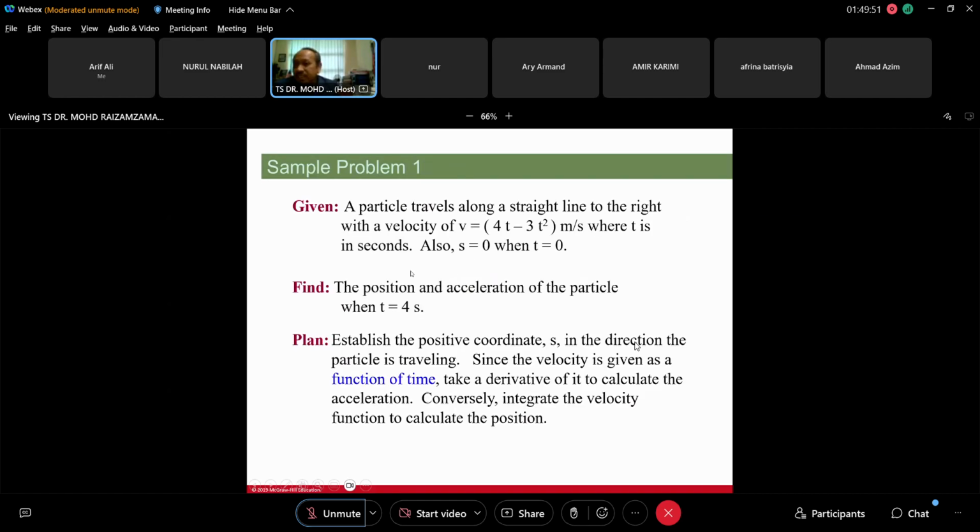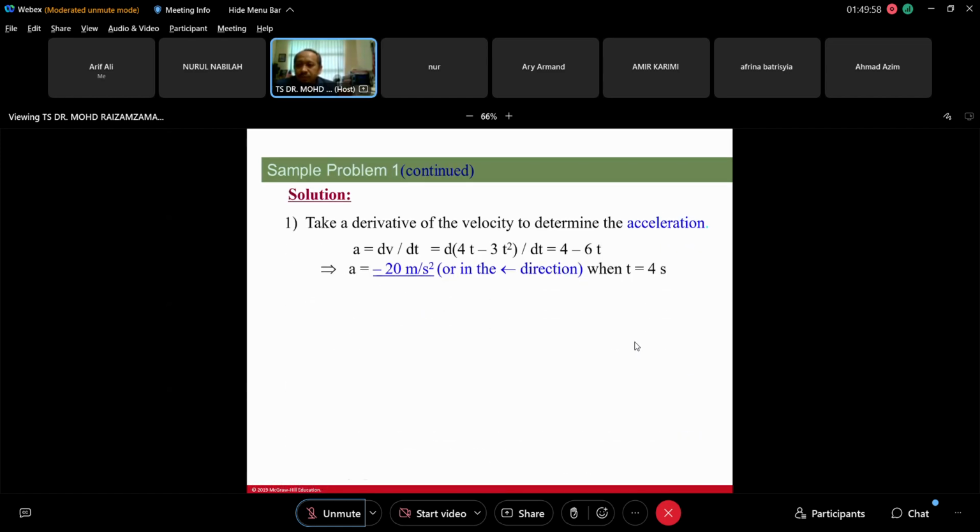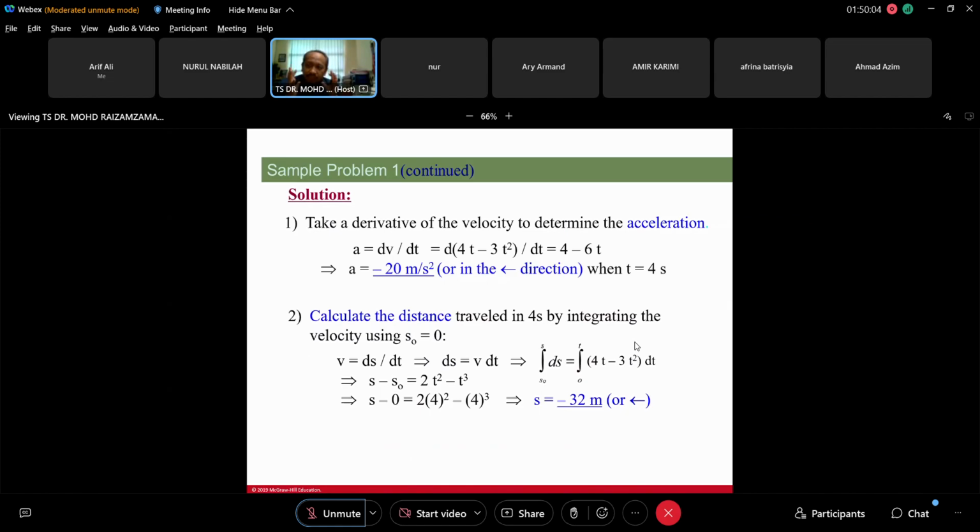Can I get the position now? Yes. How to get the position? Any idea? If given the velocity, integrate the velocity. So some of you might think, how to integrate the velocity? Now let's look at this. V equal to dx over dt. Now your intention is to get x, right?